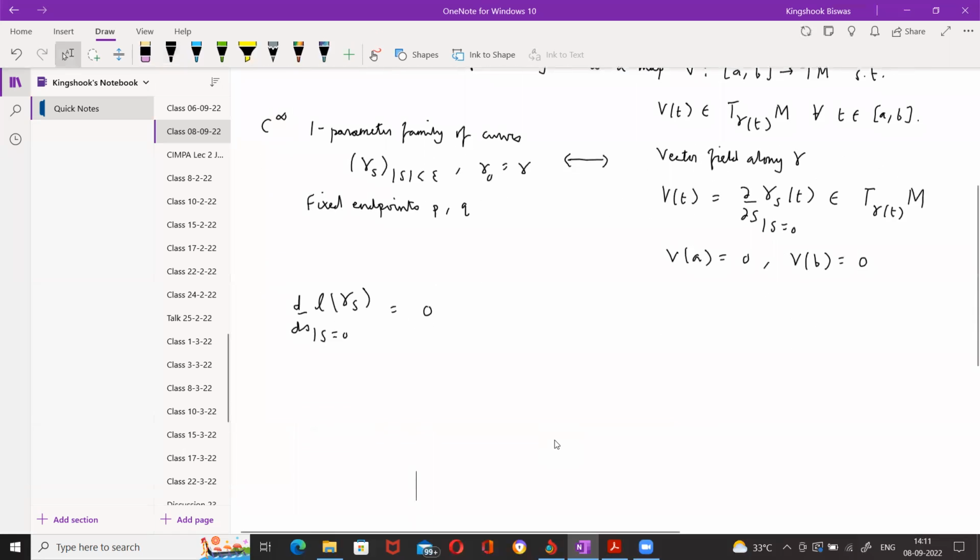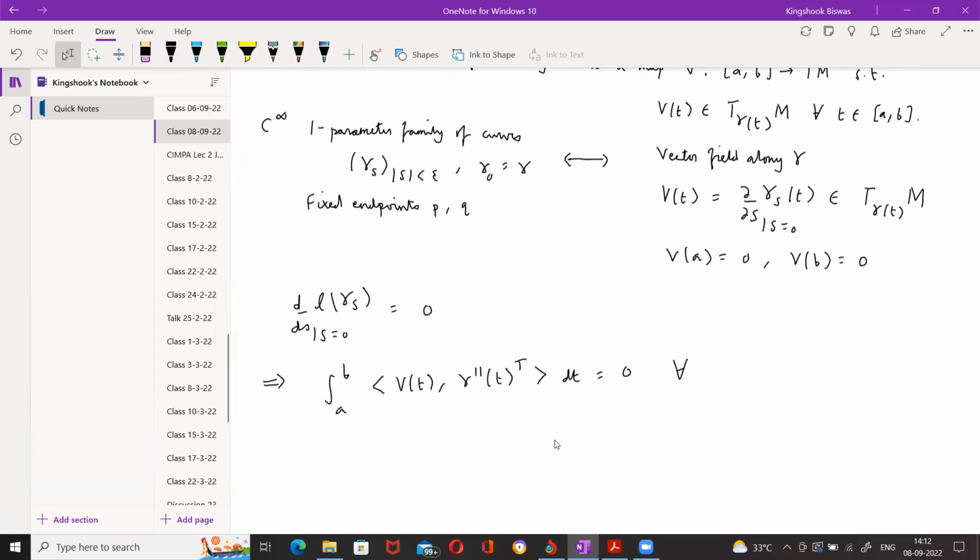And so using this, that the derivative of the length vanishes at s equal to 0, we got the following equality, that the integral from a to b of <V(t), gamma double prime(t)> tangential component dt is equal to 0.